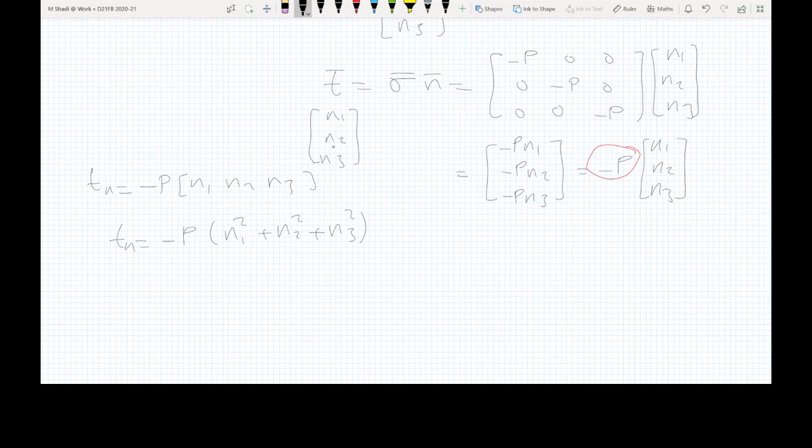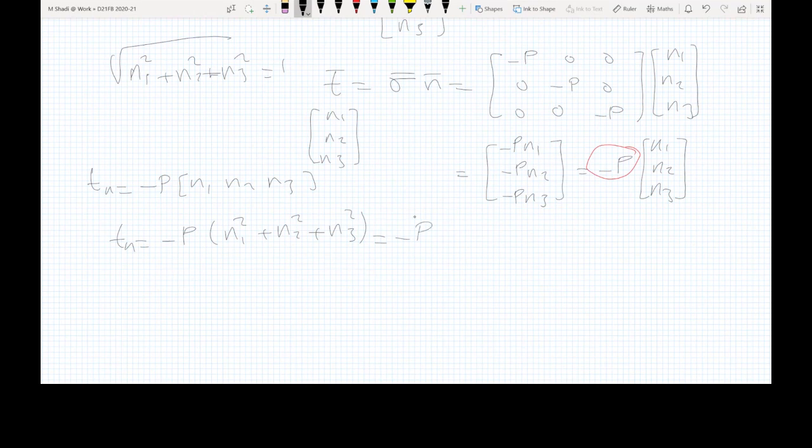So the length of this n should always be 1. The length of this vector is the square root of the sum of the squares, so the square root of n1 squared added to n2 squared added to n3 squared is equal to 1. So Tn is equal to minus p.